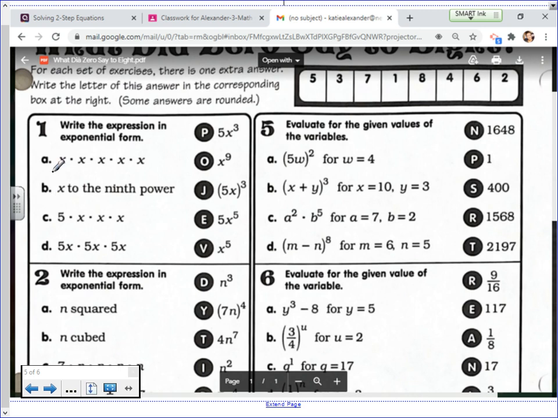So number 1, basically they're wanting to simplify x times x times x times x times x. How many x's was that? Well, that would be raised to the 5th power.